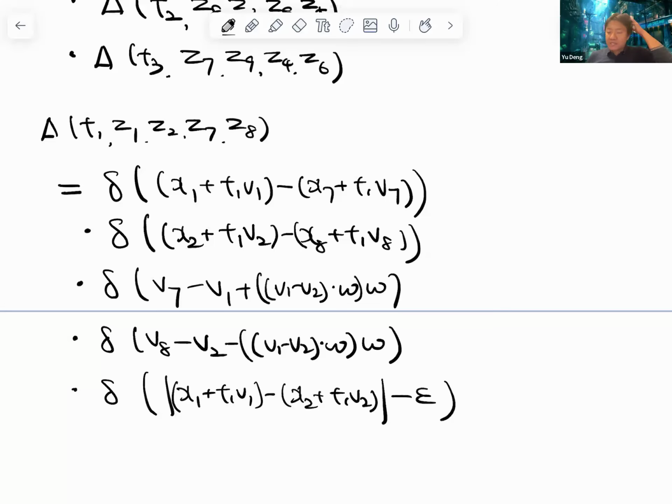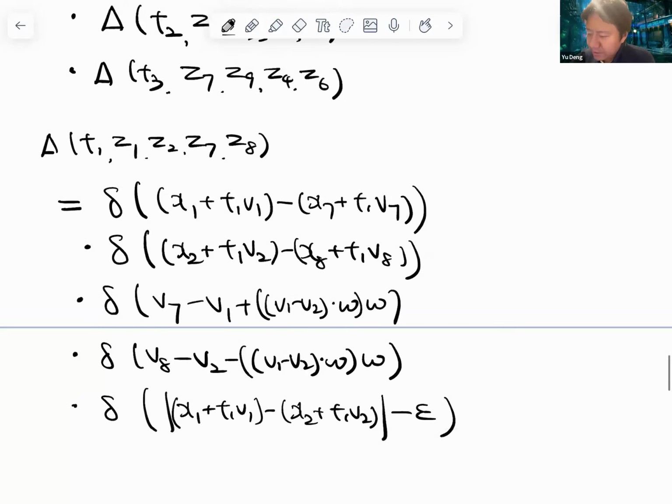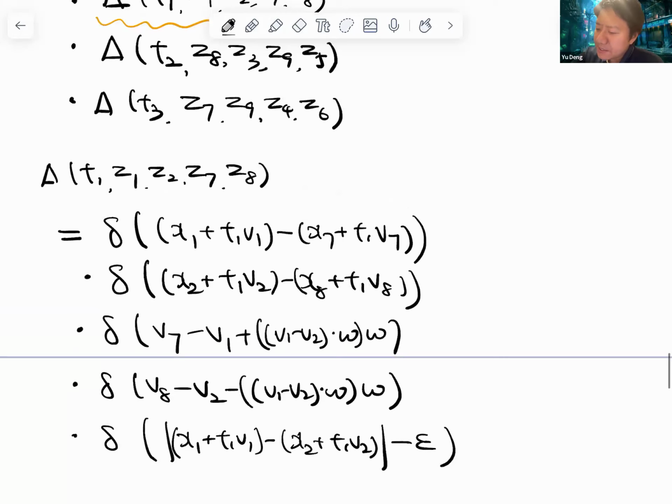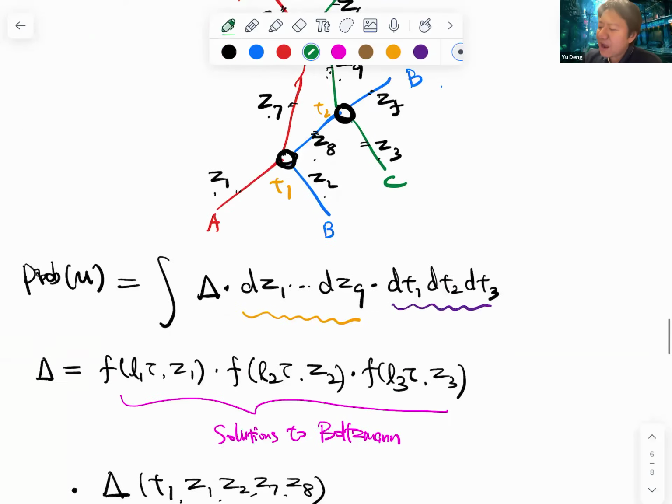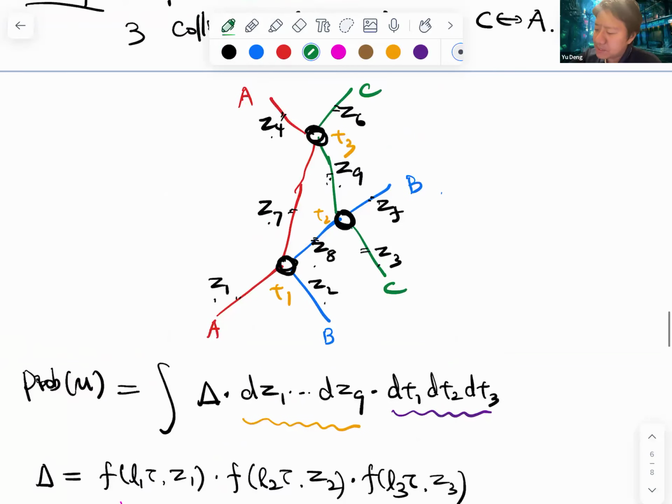Let me explain what this is. When we define Zj, Zj equals Xj, Vj. Now Vj is clear. Vj is the velocity of the particle in this period.